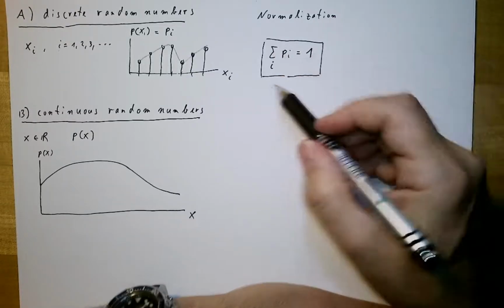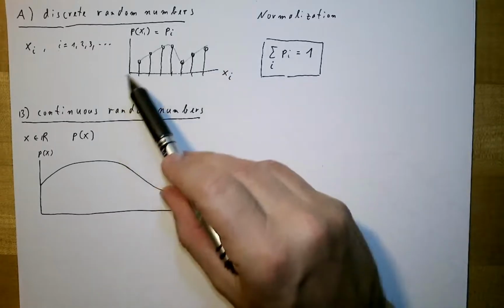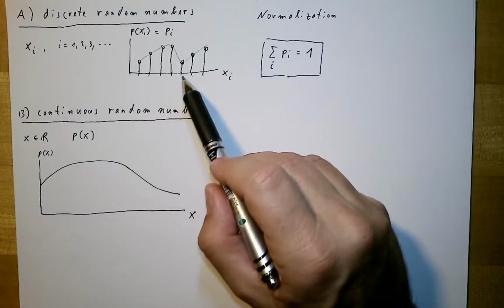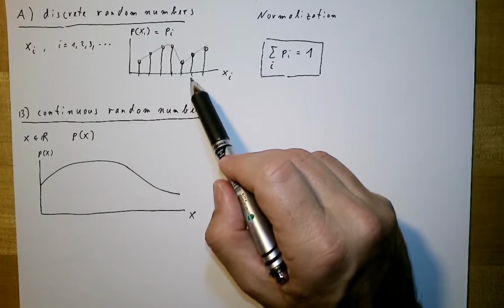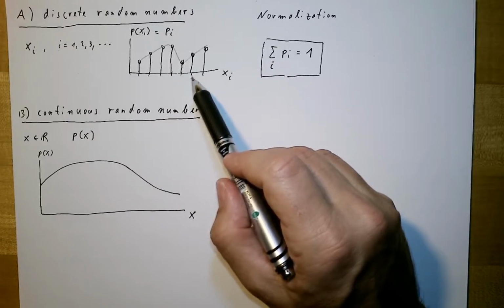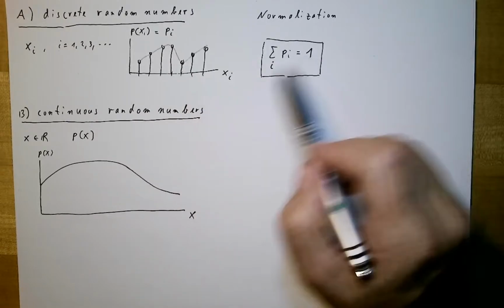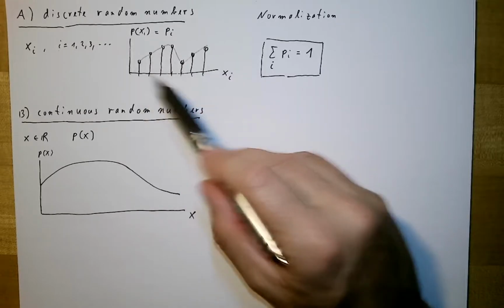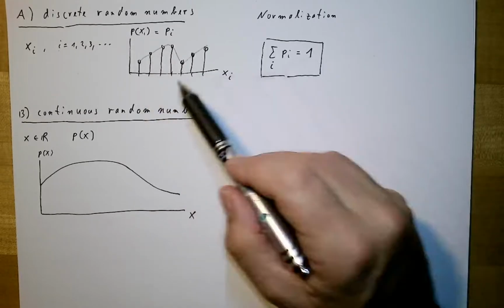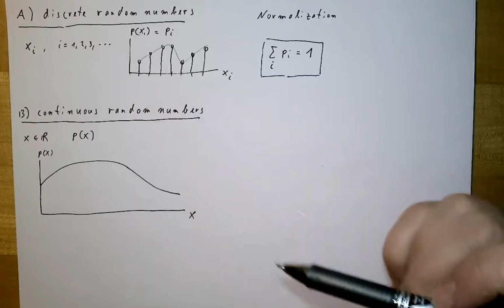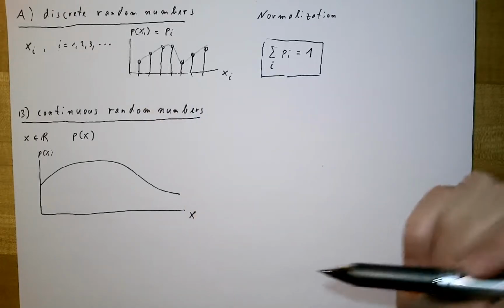Why should it be like this? Because all events are mapped to a random number. We know the probability of the whole sample space is 1, so the sum over all random numbers should be 1, because one of the events should appear.